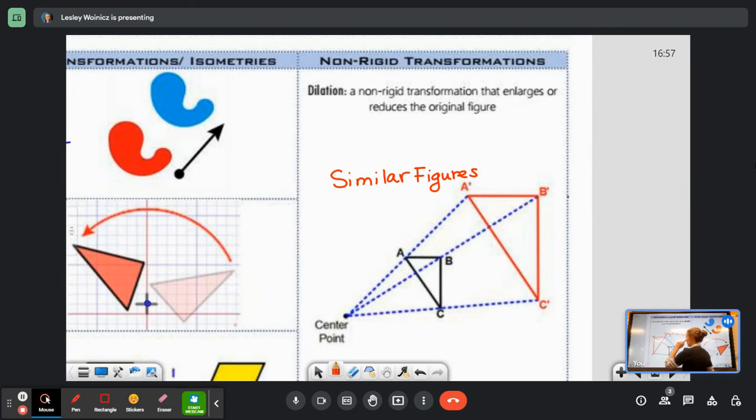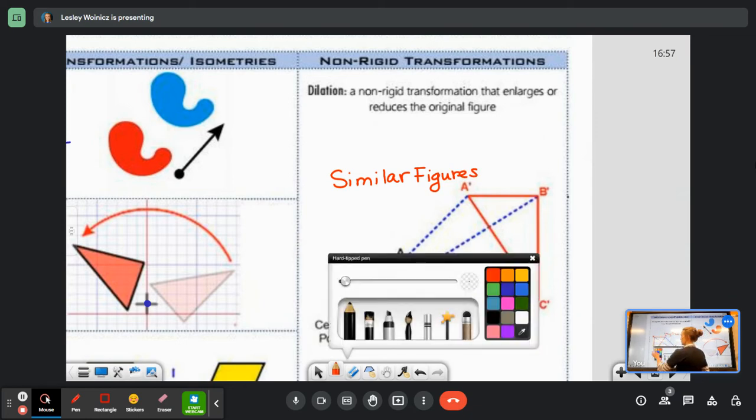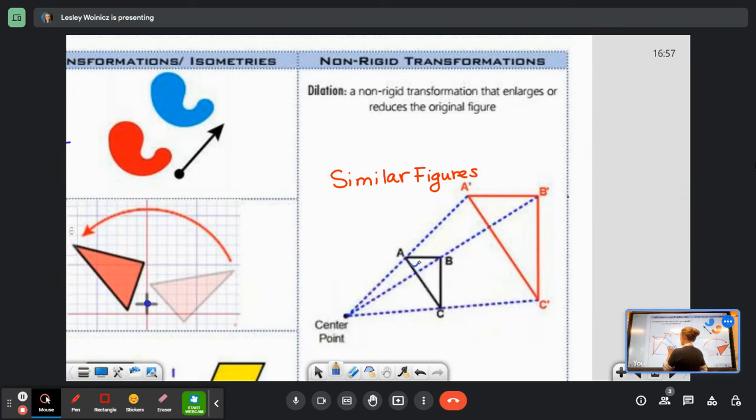The cool thing about similar figures is that the corresponding angles are congruent, the ones I'm marking. But the side lengths changed. We will talk a lot about that in a future unit too.